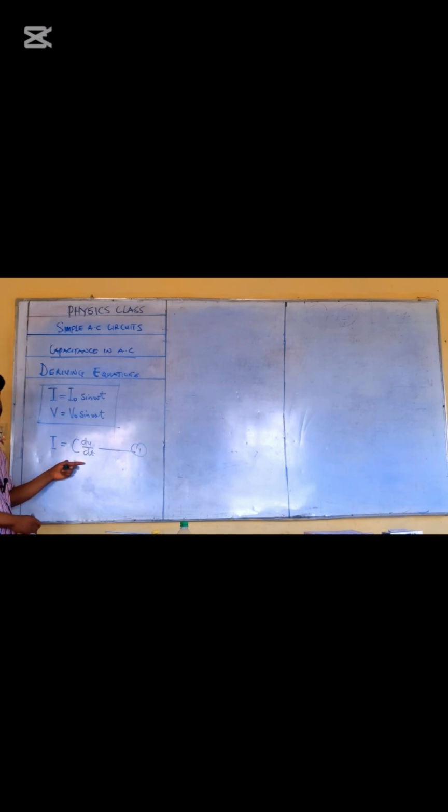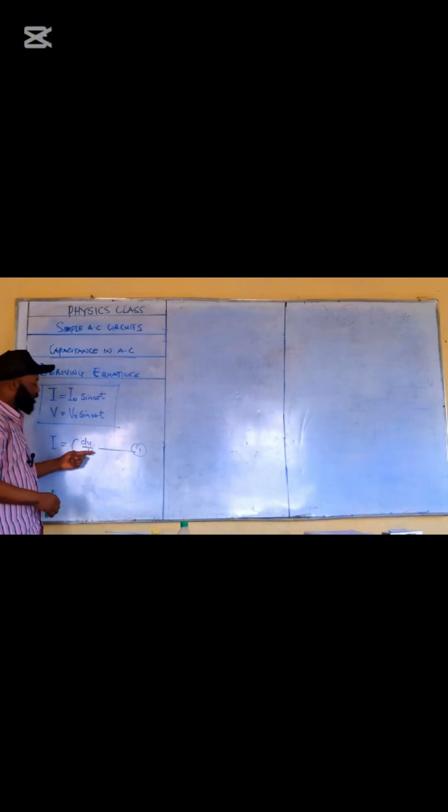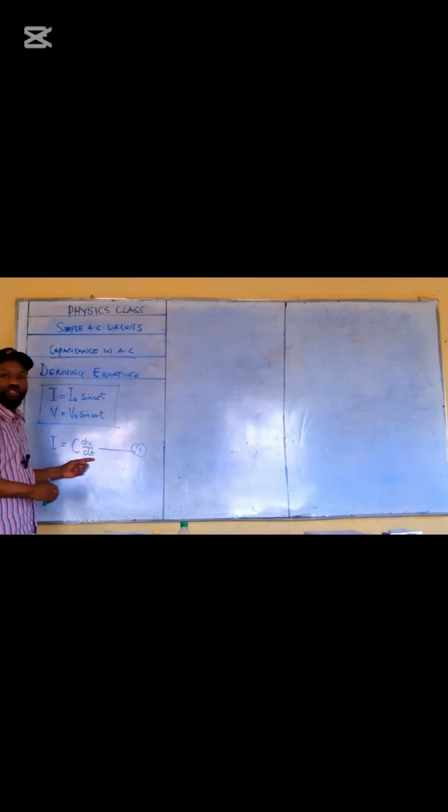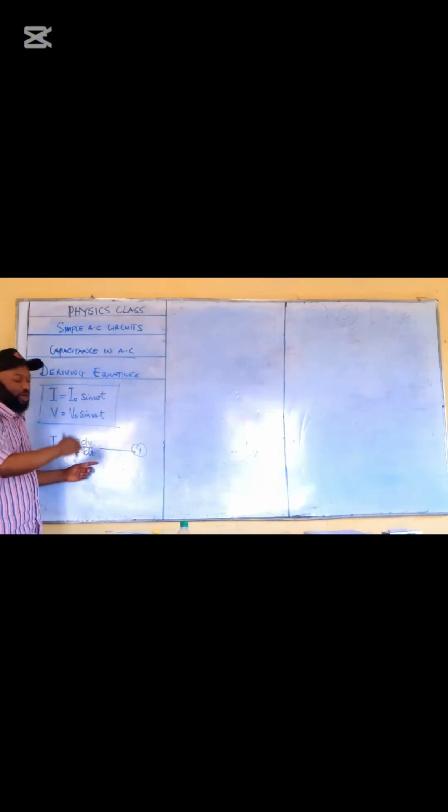Here we can see that while the current goes through the capacitor to charge and store charges on the plates of the capacitor, the voltage is being delayed over time. The voltage has to build up over time. Building up the voltage over time affects the voltage and delays it. While current would have proceeded, voltage is being delayed before it tries to catch up with current.